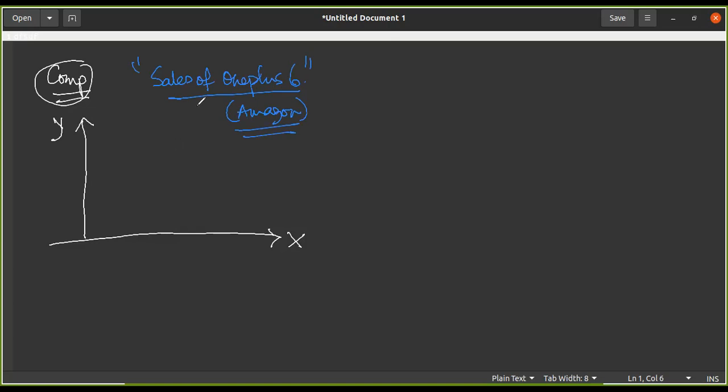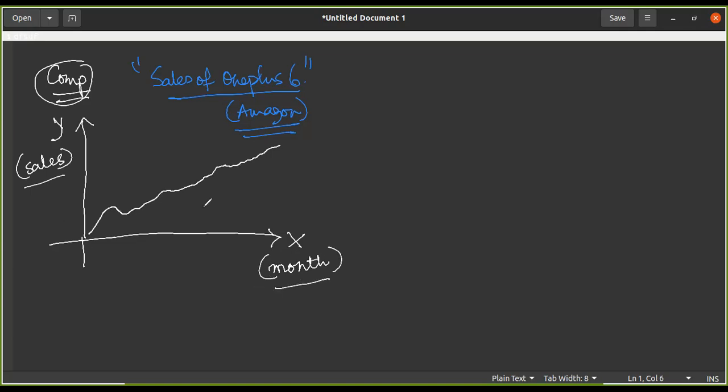So I have got this data from OnePlus, and we are seeing some kind of pattern, which is something like this, right? So the y-axis in this case is sales, and the x-axis in this case is month. So I have my data in the granularity of month.